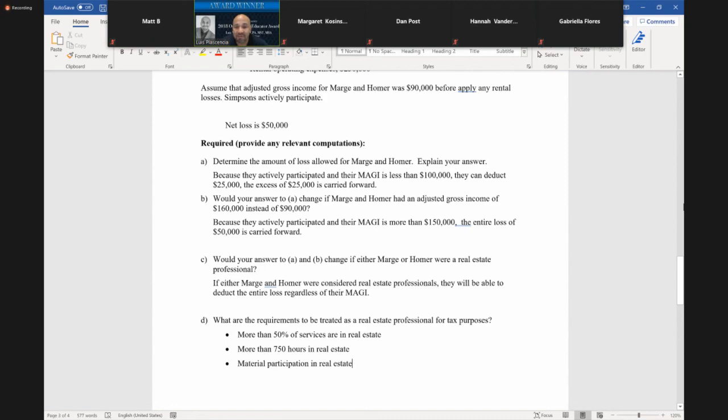So that limits a lot of individuals out, and this has been around for years. The $100,000 and $150,000 numbers have not been indexed. I have a problem with that because it doesn't take that much. It could take two individuals making $75,000 or $70,000 each. That pretty much takes them over the $150,000 hurdle.